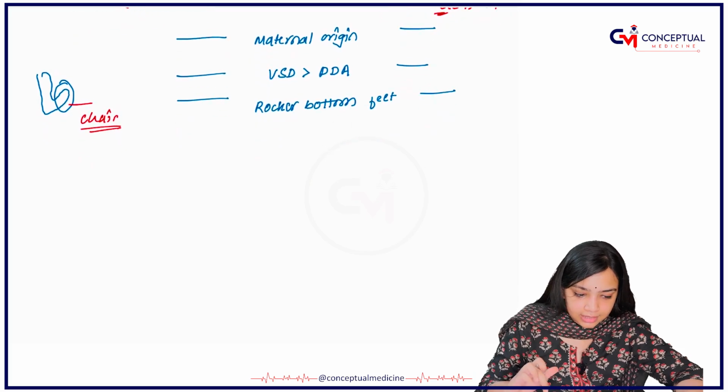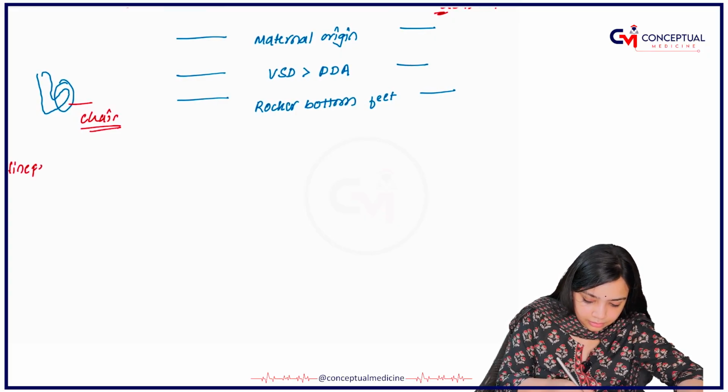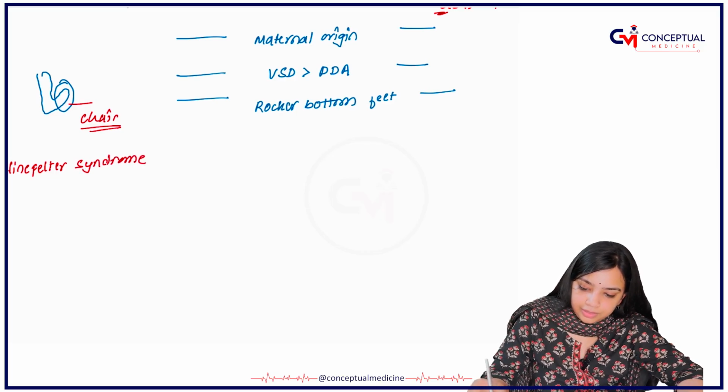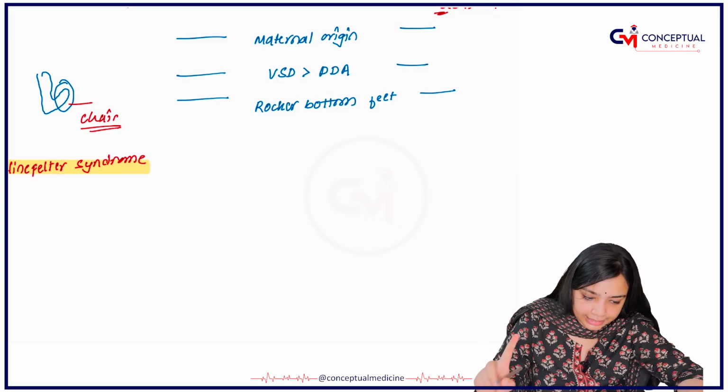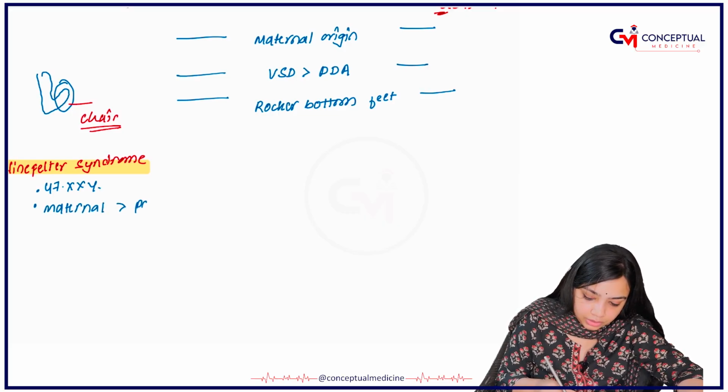Okay. Next thing that we will be talking about is Klinefelter syndrome. What do we have in Klinefelter syndrome? It is basically 47 XXY, and the maternal chromosome is more commonly affected than the paternal.